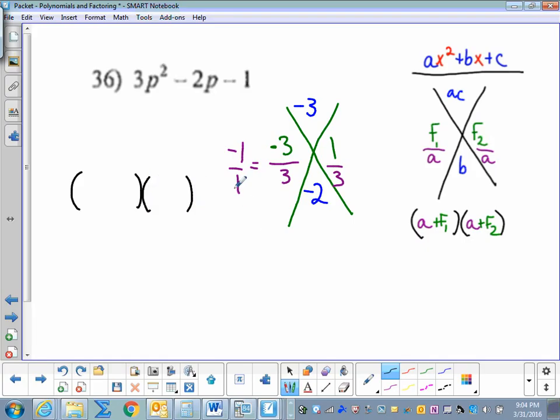This is our coefficient that goes with our variable. So we're just going to have 1p minus 1, and then here we're going to have 3p plus 1. And if we FOIL, we'll get what we started with.